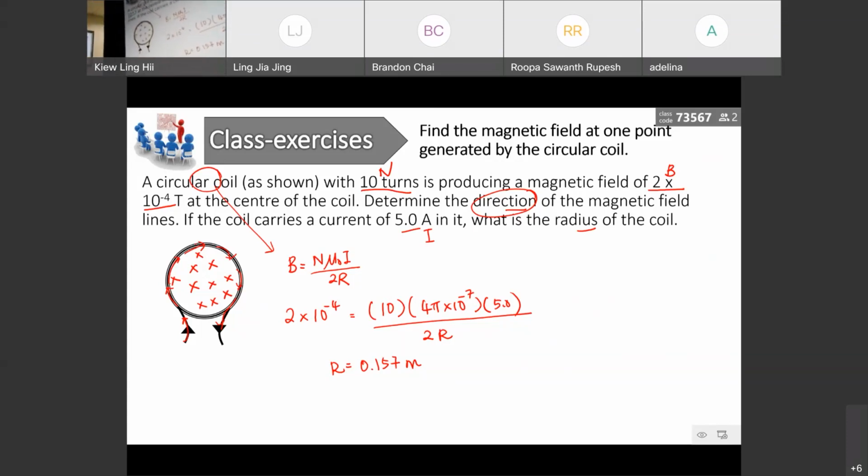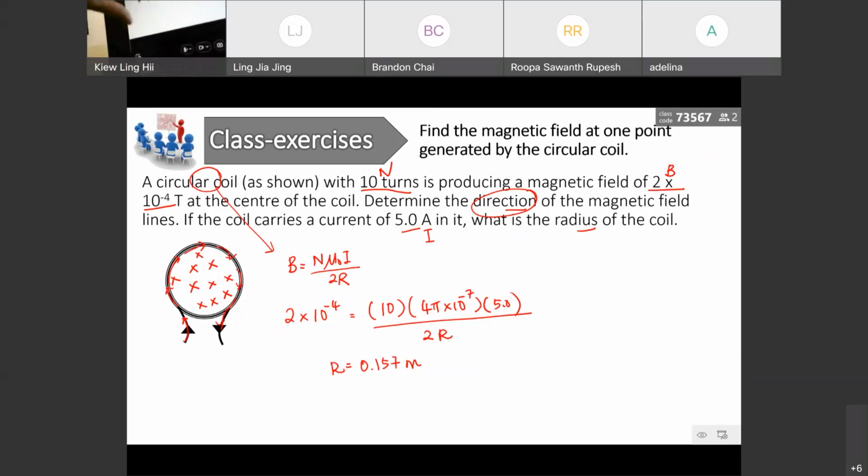Or another way, like just now I haven't finished. Our thumb is the direction of current, finger is the direction of magnetic field, right? So you can actually interchange. If we use finger as current, the thumb will be the direction of magnetic field. In this case, current moves in clockwise direction.